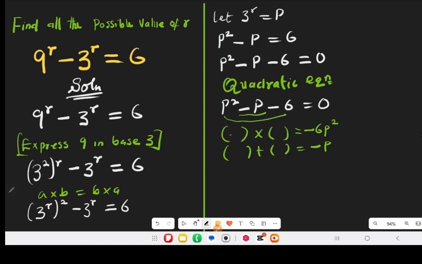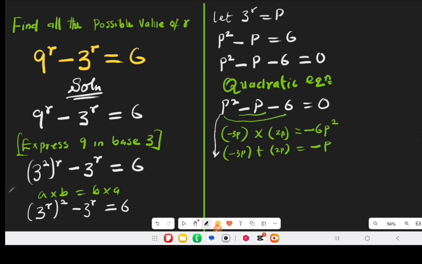These numbers are minus 3p and 2p: minus 3p times 2p will give us minus 6p squared, and minus 3p plus 2p will give us minus p.